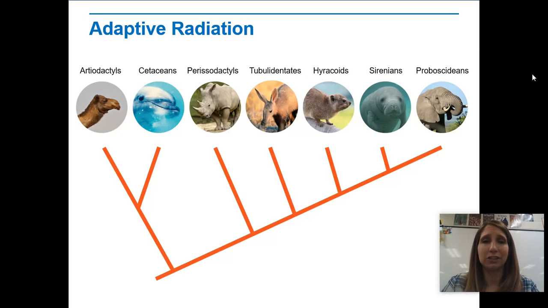So adaptive radiation is one of those ideas that can tie in with both gradualism and punctuated equilibrium, in that we're looking at species diverging, becoming more and more different, starting from an ancestor and becoming different groups over what could be a very short period of time. An example of this is these clades of mammals.